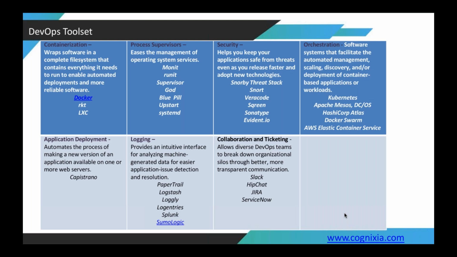For that you need an orchestration tool which helps you with automated management, scaling, and discovery. All of this needs to be done for containers. Discovery is really important in containers because containers can come up and go down in a very short period of time. It just takes 5 seconds to bring a container up and even less time to bring it down.